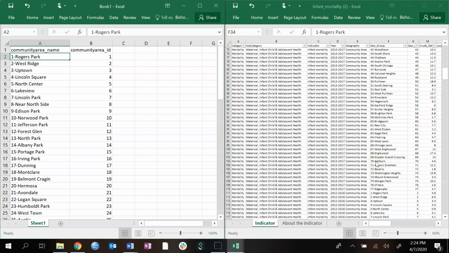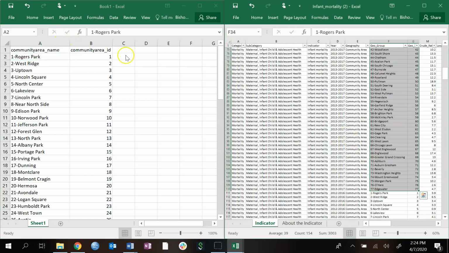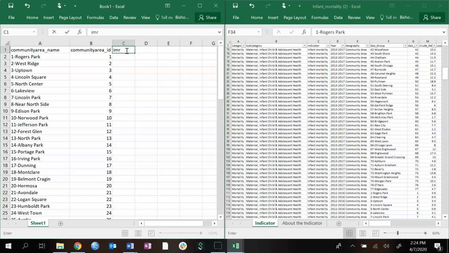I'm going to just try to use the most recent data possible, okay? And that's from 2013 to 2017. So I'm going to start by making my new column, let's call it IMR for infant mortality rate, and put underscore 2013 to 2017, okay?